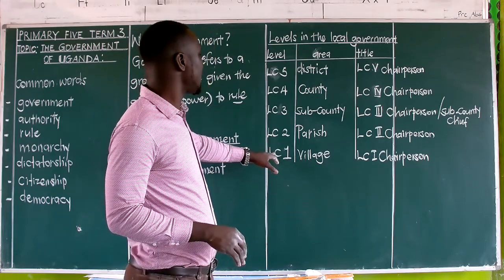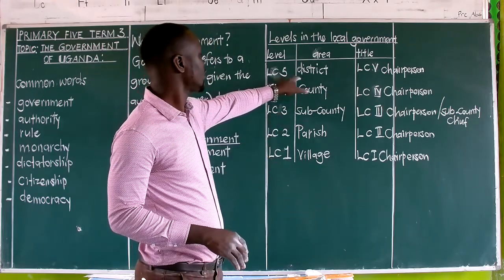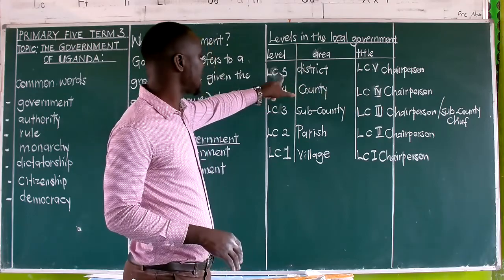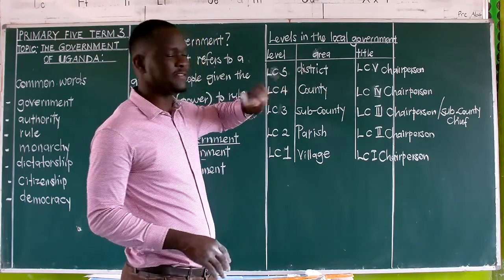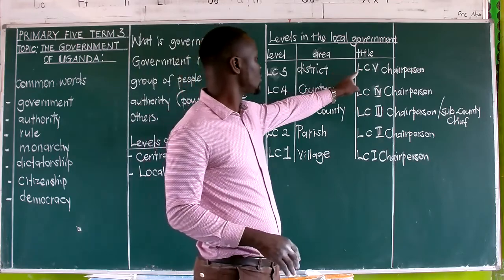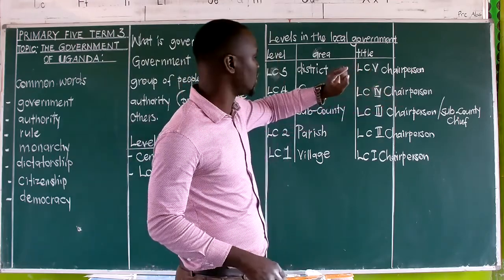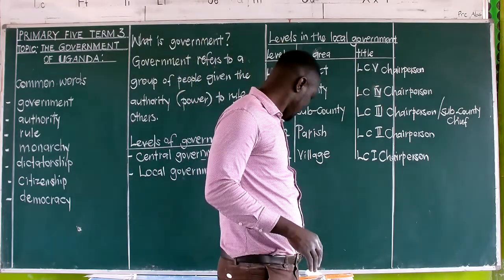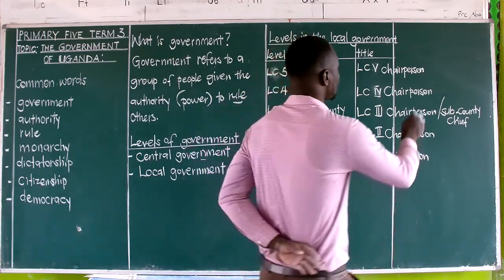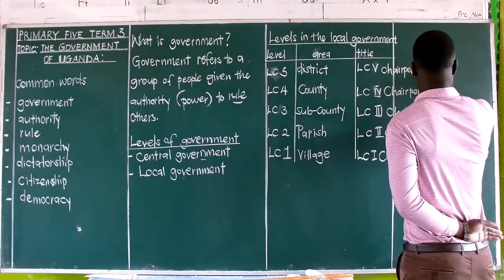And from here we run up to the highest, which is a district, at the level of local council 5, run by the district chairperson that we also call the LC5 chairperson.